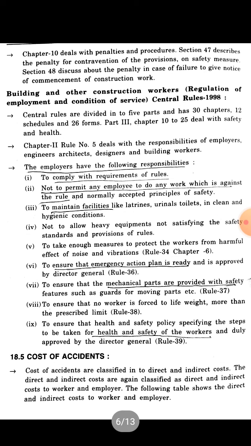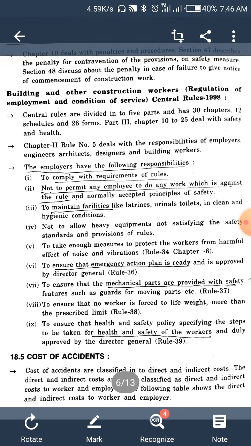Now the next important point is the Building and Other Construction Workers Regulation of Employment and Conditions of Service Central Rules 1998. Here the employer has the following responsibilities. First is to comply with the requirements of the rules. Second is not to permit any employee to do any work which is against the rules. Third is to maintain facilities like latrines, urinals and toilets in a clean and hygienic condition.